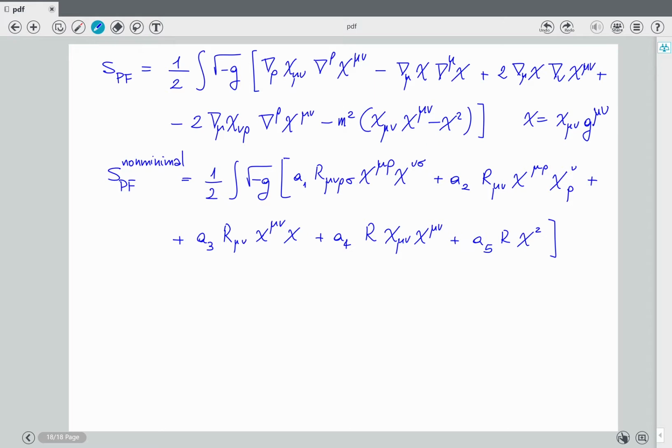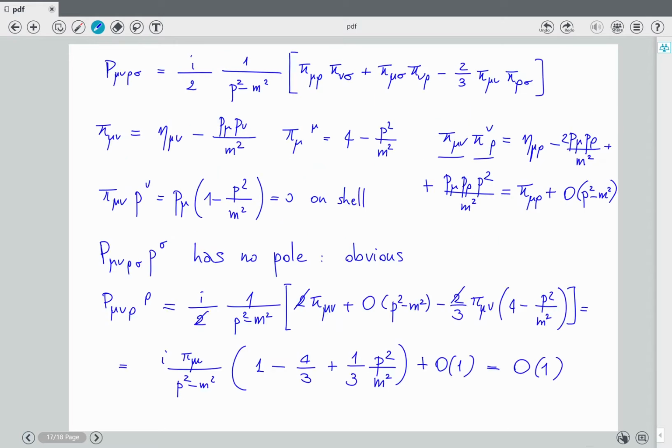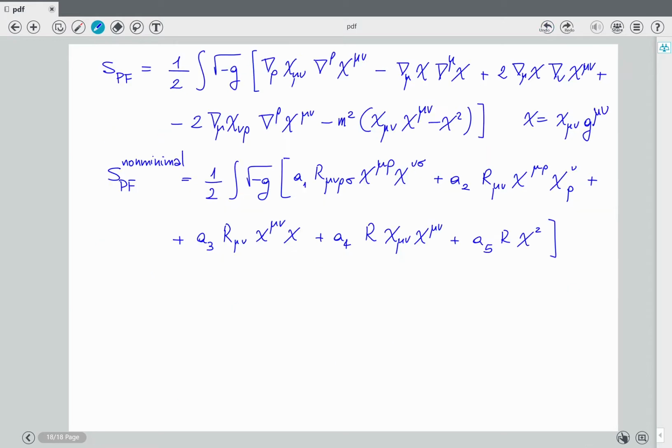Once you have found that, you can invert it and you will find this unique propagator. So in the end, the solution is always unique, because the requirement is always that you have to propagate only the right amount of degrees of freedom. In this case it is 5.